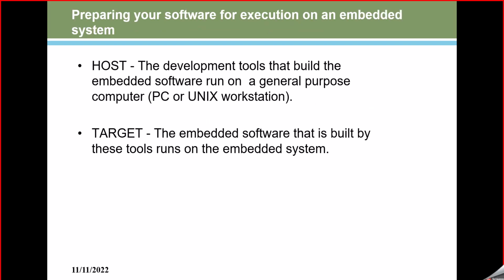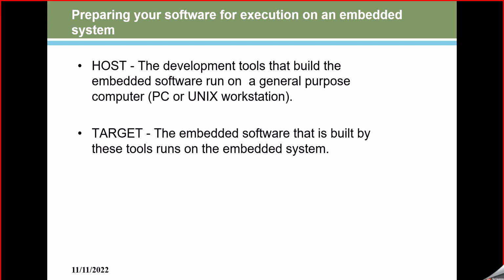So in an embedded system, we have two things. One is the host and the other is the target. Host is nothing but your computer or personal computer where you have a complete setup for development of embedded software. Like you may need to install the cross compiler, you need to have debuggers, everything. So that is your machine, which is the host.